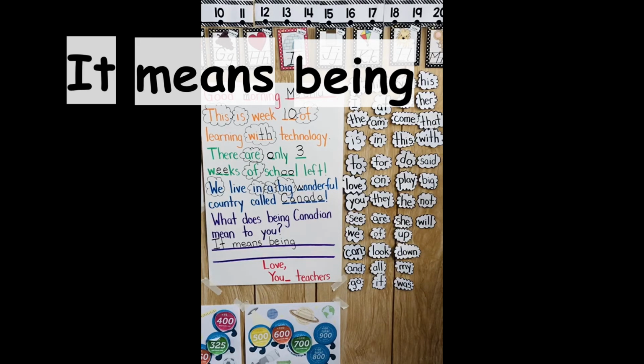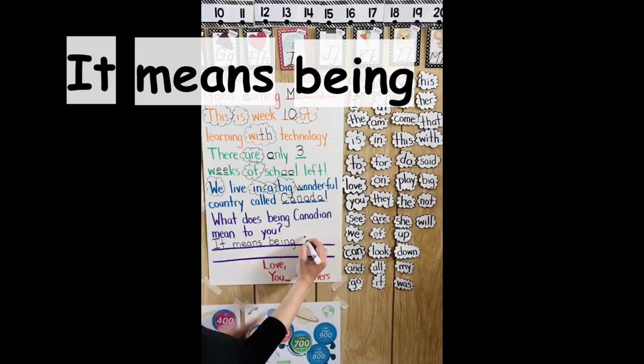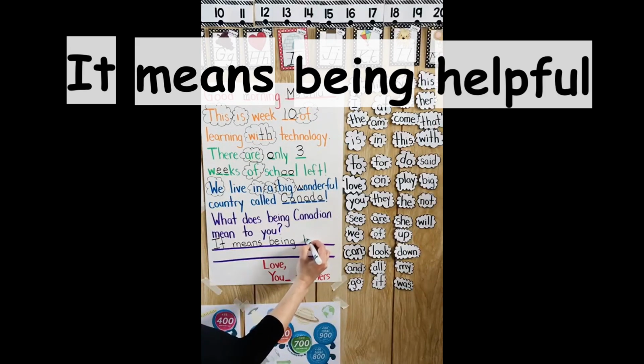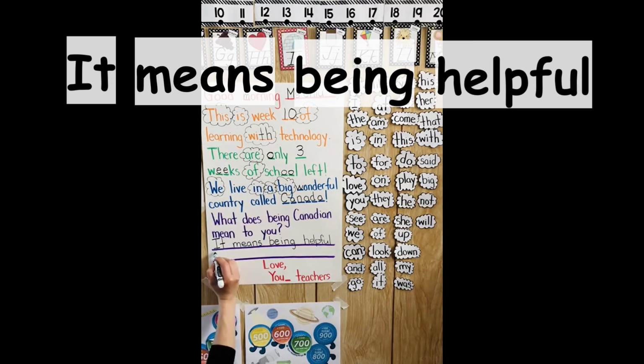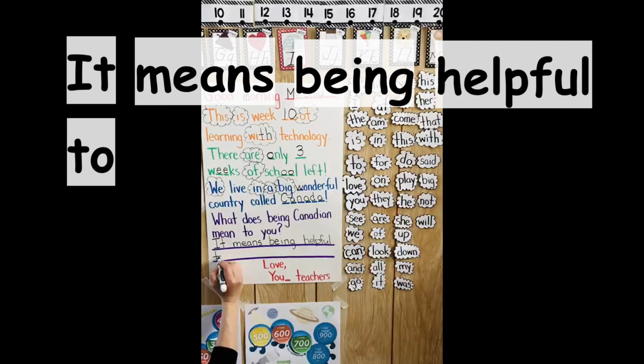And my idea was being helpful to others, so let me sound it out. H-E-L-P-F-U-L. It means being helpful to, finger space, T-O for to, then another finger space, others.